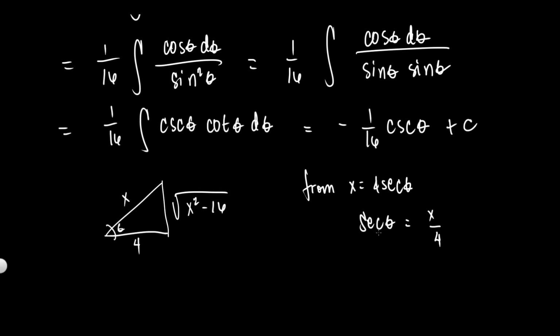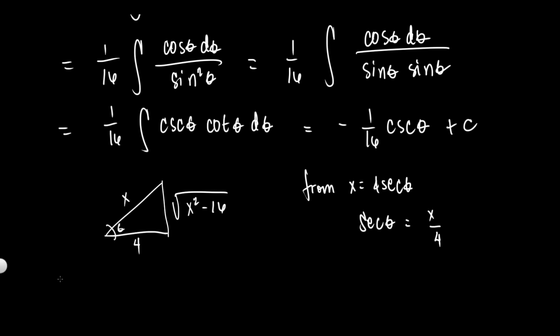And cosine is adjacent over hypotenuse. Baliktad lang, no? Okay? So, nasundan yan? Kinuha ko lang tong isang side. Then, ang kailangan ko is the cosecant theta, which is 1 over sine. And sine theta is opposite over hypotenuse. So, ang kailangan ko ngayon is hypotenuse over the opposite. Okay?